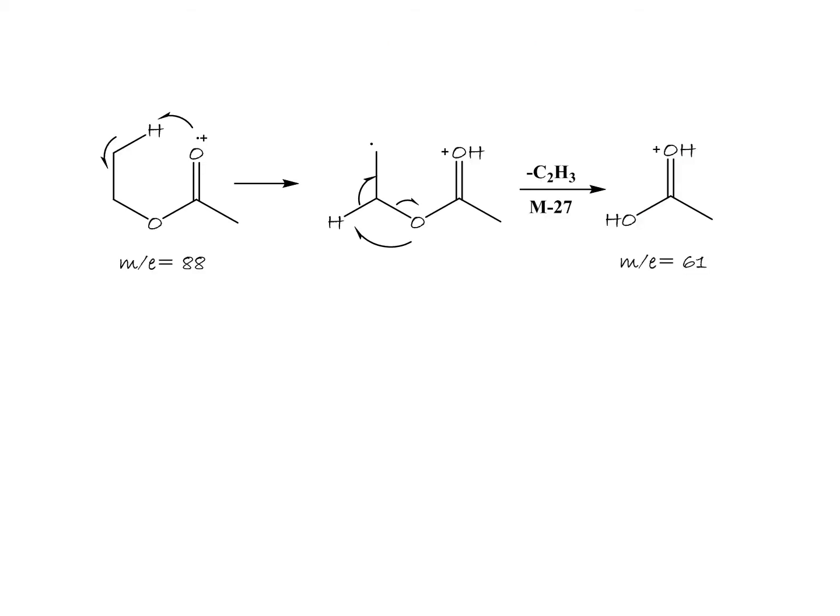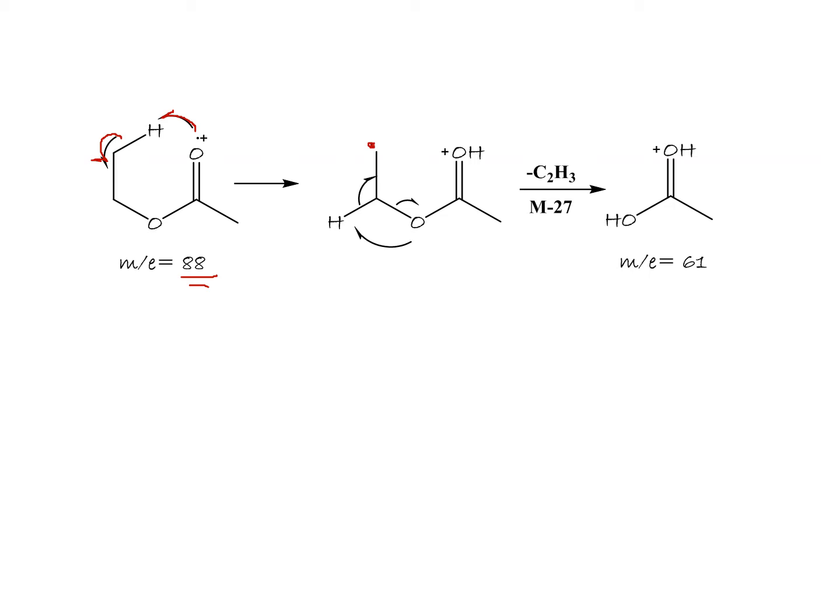Another fragmentation pathway from the molecular ion 88 is H transfer. Here we will attack, leaving a radical here, forming a radical in here. Okay, O will be OH plus.